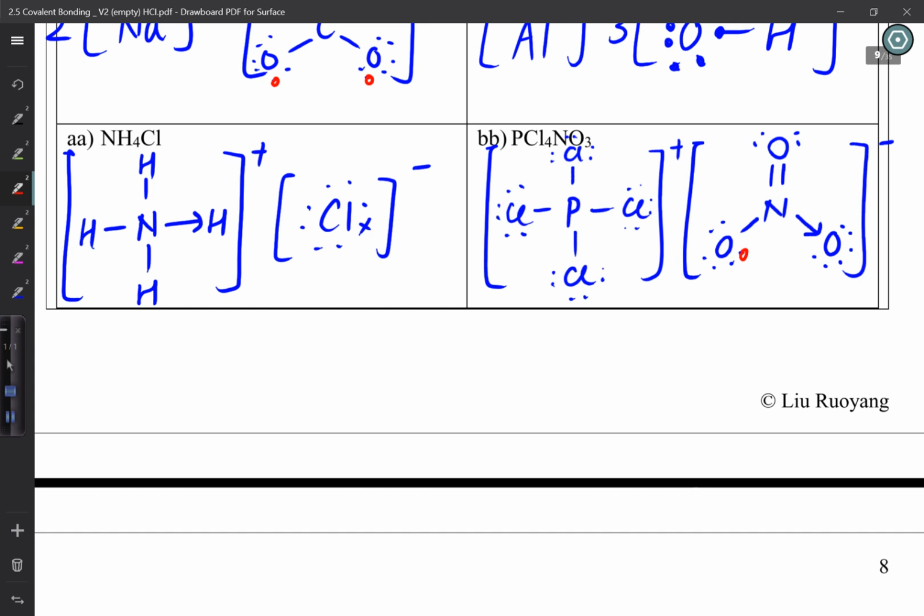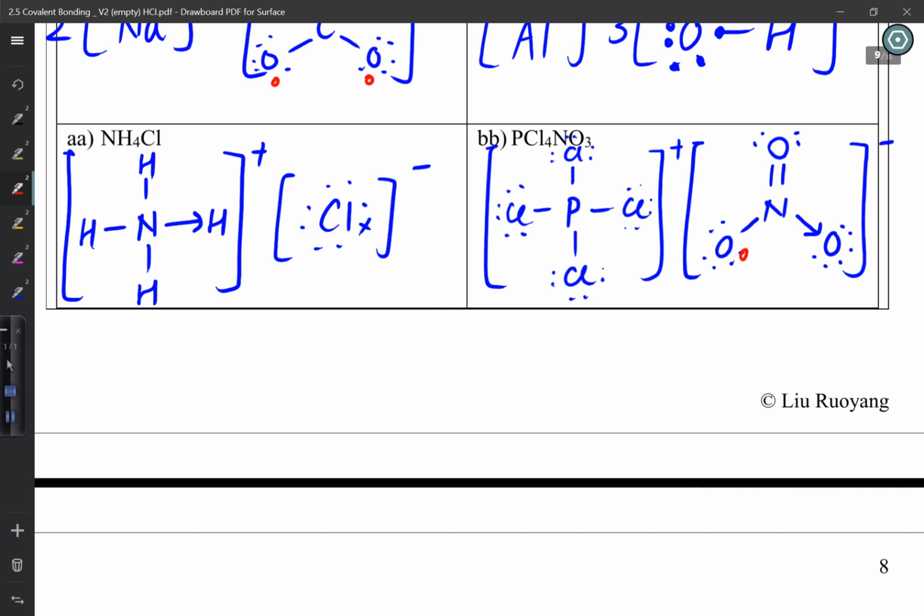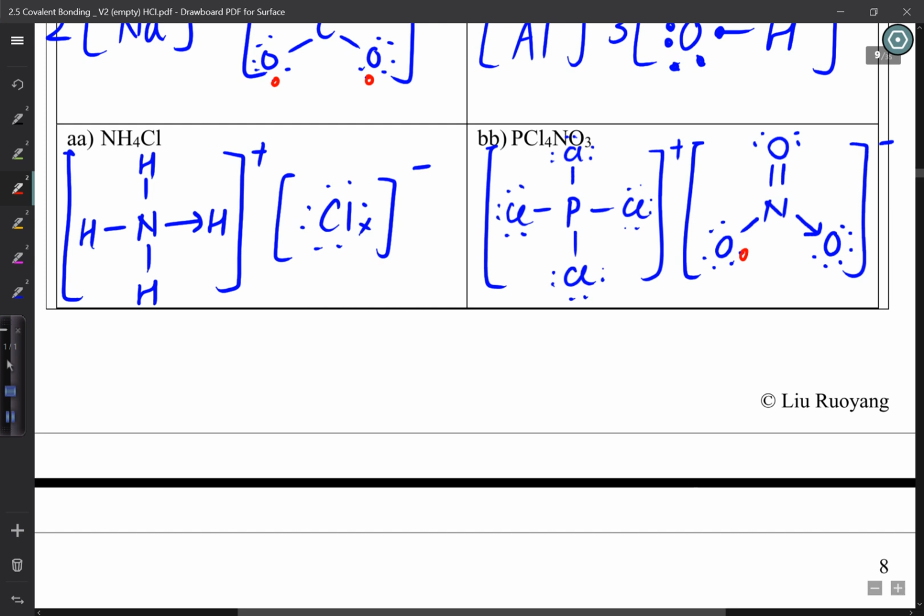So you can see that for most of these ionic compounds, although we say that they are ionic, they can actually contain covalent bonds as well. These kinds of questions always come in the form of MCQ. They give you some compounds and ask which of the compounds below contains both ionic and covalent bonds. So sometimes you really have to draw it out to see.